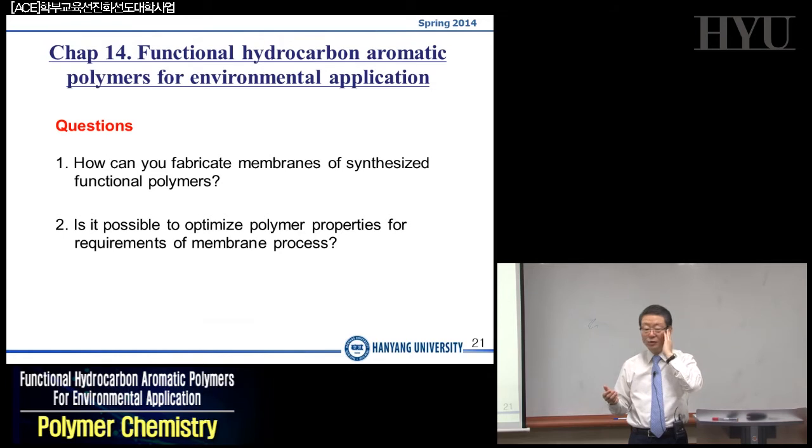So I just wanted to show you in a little bit more detail the application of those polymers in some of the areas that I'm familiar with.